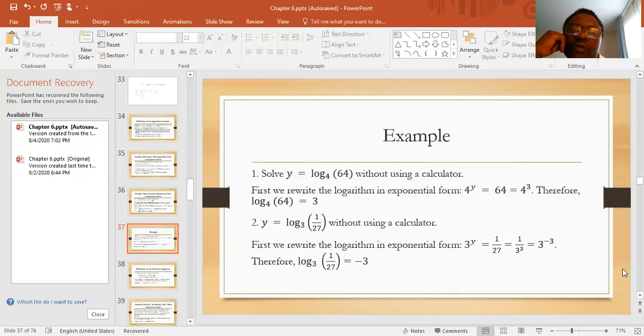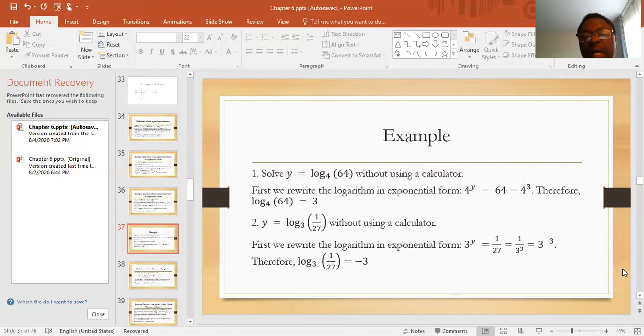Second equation, what is the power of 3 that will give 1 over 27? Here we are dealing with a fraction. We want to find y so that 3 raised to power y is equal to 1 over 27. 27 is 3 raised to power 3, so 1 over 27 is 1 over 3 raised to power 3, which is 3 raised to power negative 3.